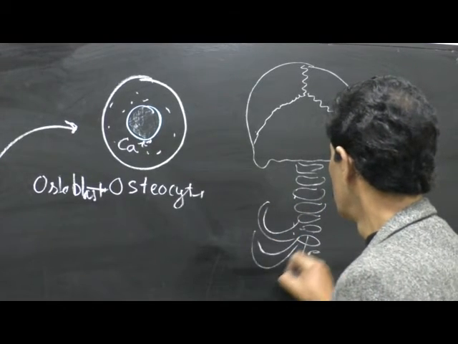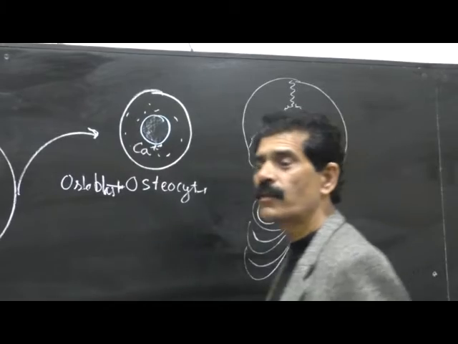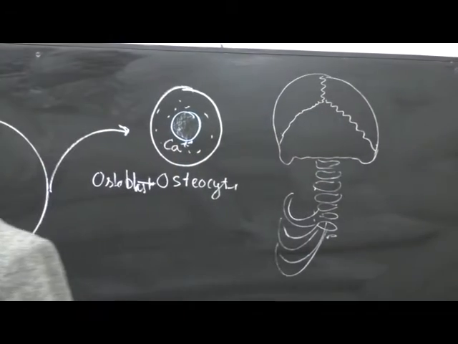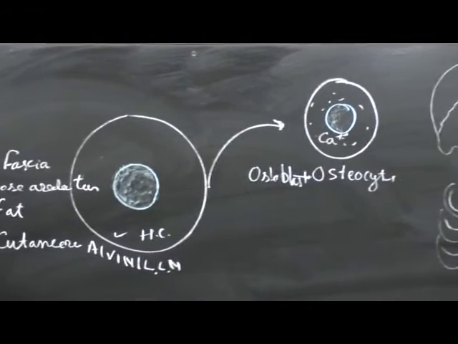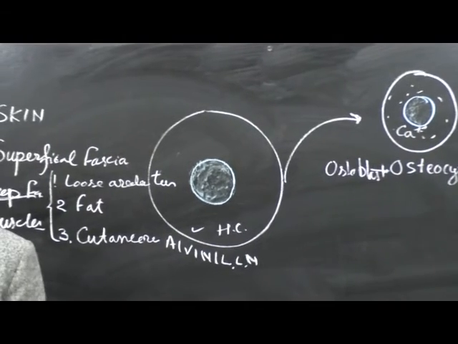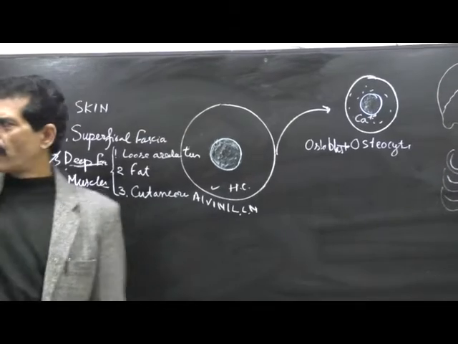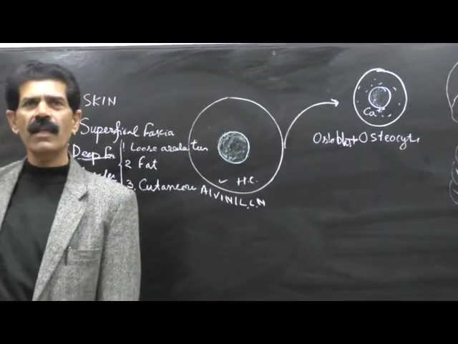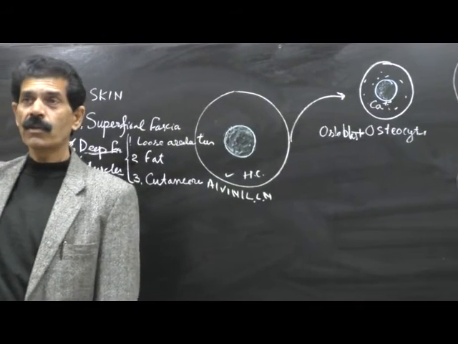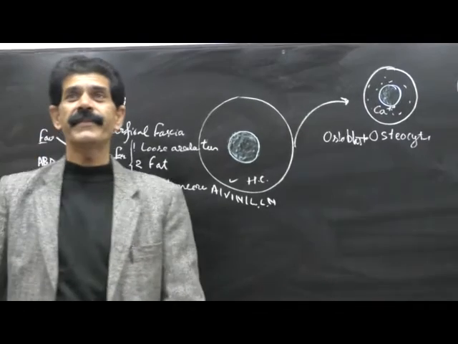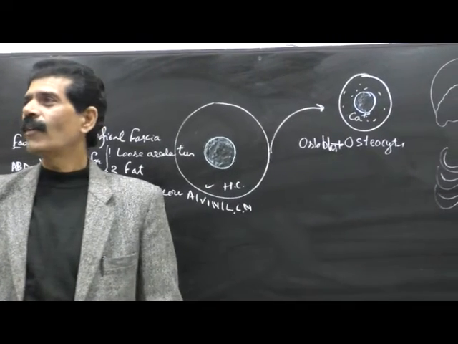These are also examples of flat bones. You can construct any bone, any shape you can give, because osteocytes are there. So a skeleton you have made, it is standing here in the corner of your lecture theatre. It looks horrible, doesn't it? So we will cover it.